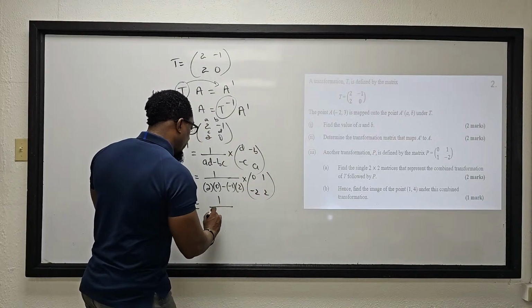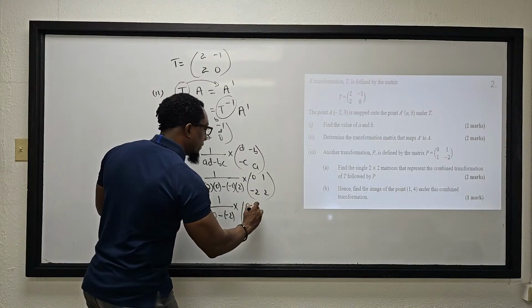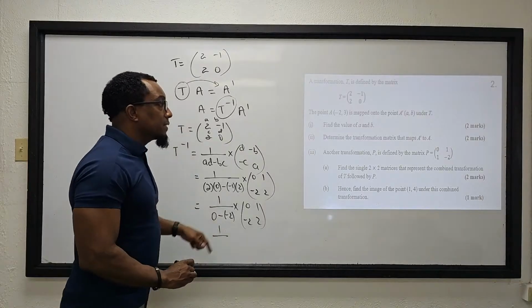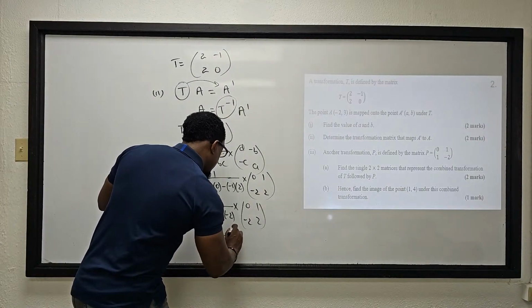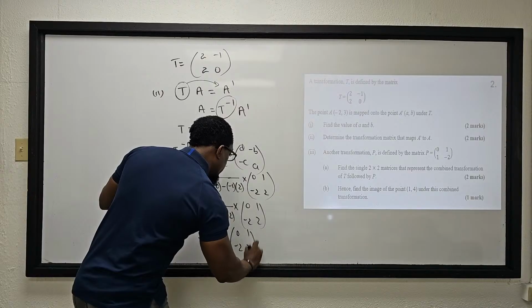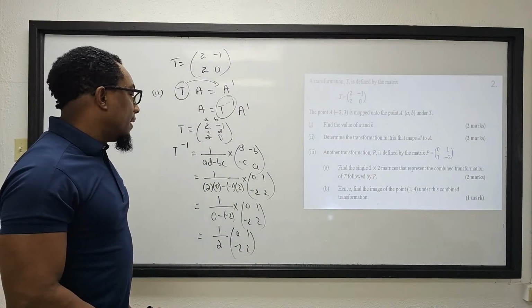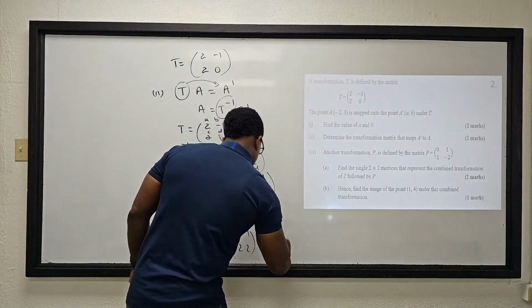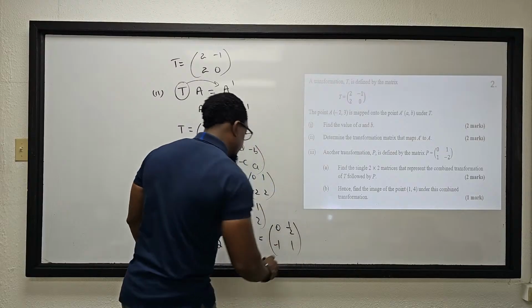So this is 1 all over 0 subtract negative 2, times the adjoint. This is 1 all over, minus by minus is plus, so we're going to get a half times 0, 1, negative 2, 2. So when I multiply a half by the adjoint, I'm going to get 0, a half, negative 1, 1.